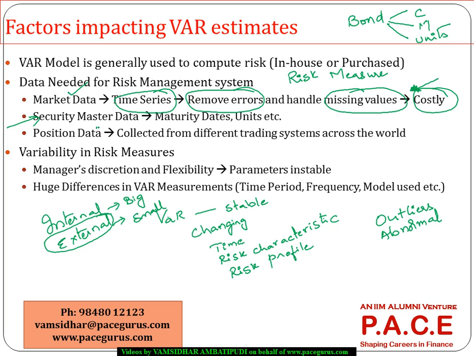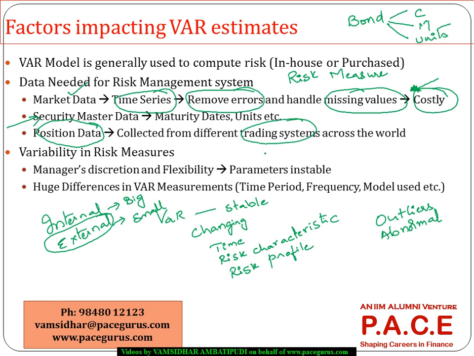Then the third kind of data that we are talking of is position related data, which is more of the various trades that have been performed across the various trading platforms, could be exchanges, could be OTCs, the various positions the company has on various exchanges in various trading systems.